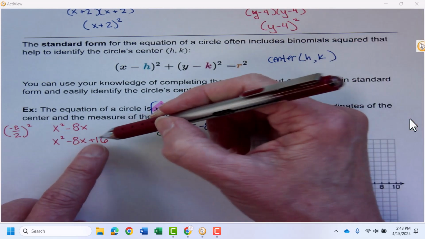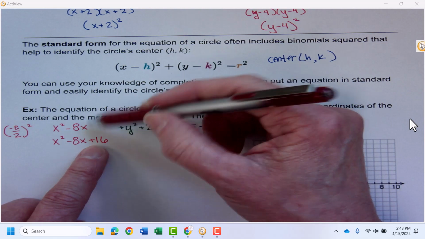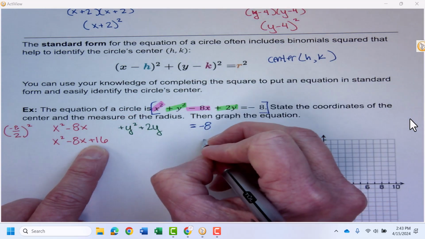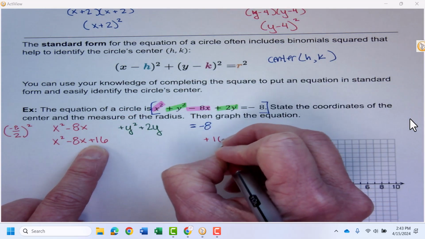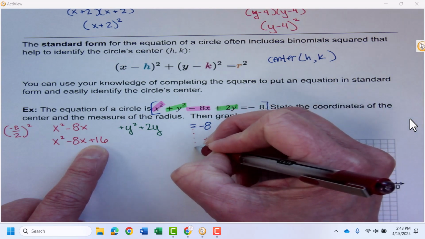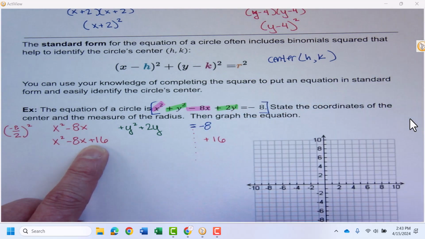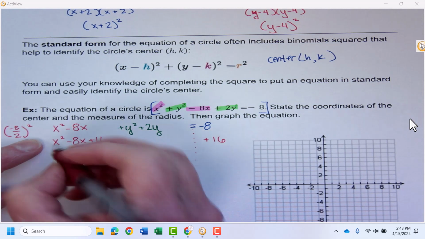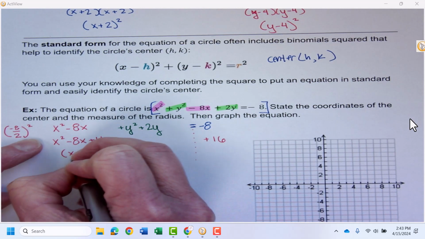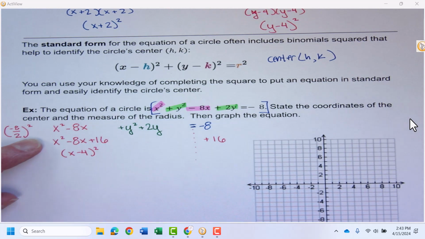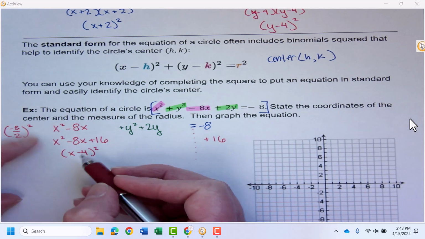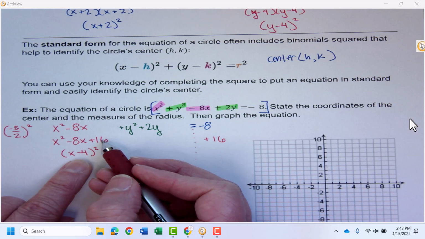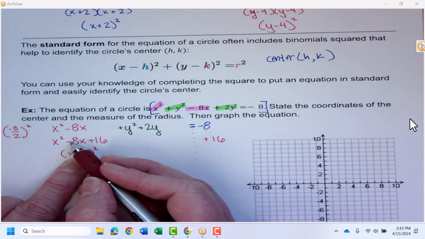I just added 16 to the left side of this equation, so I better add 16 to the right side so that I keep the equation balanced. Let me change this from a perfect square trinomial to a binomial squared. Negative 4 times negative 4 would be positive 16, and negative 4 plus negative 4 would be negative 8.